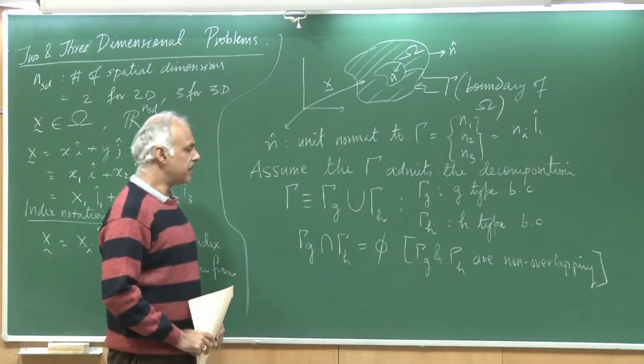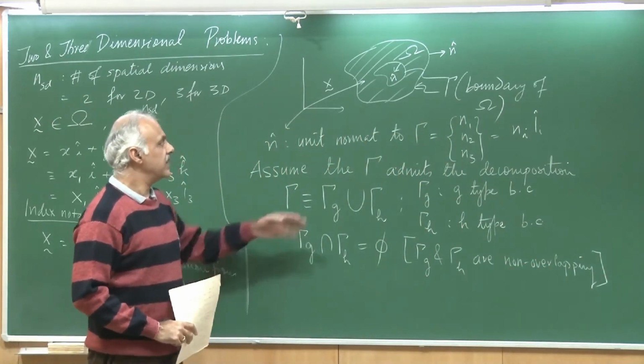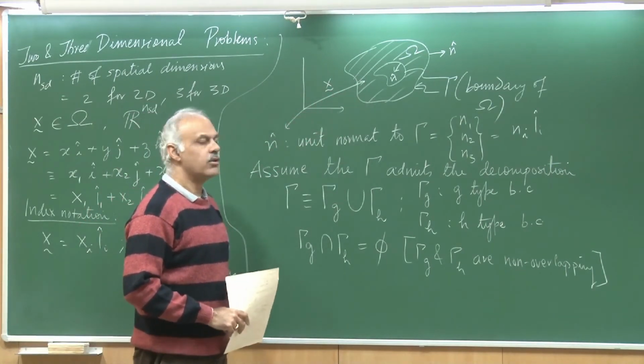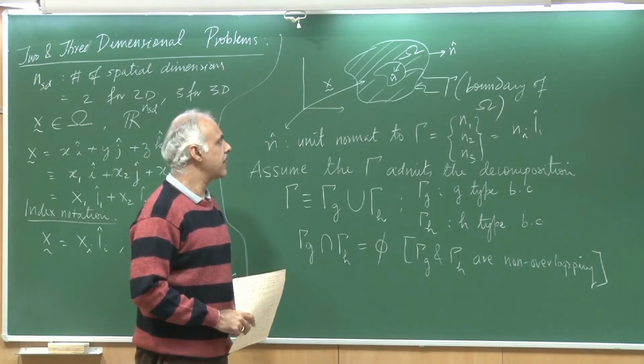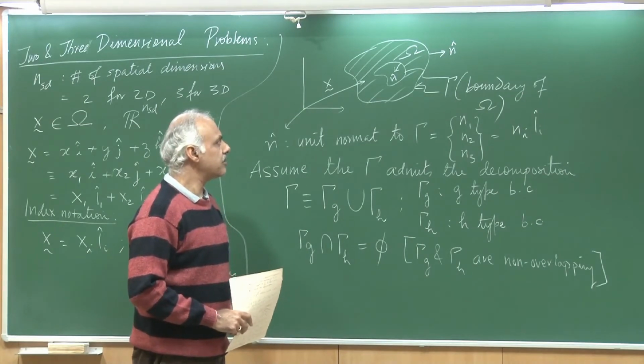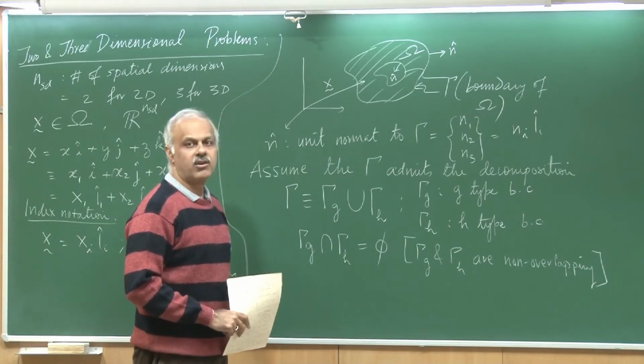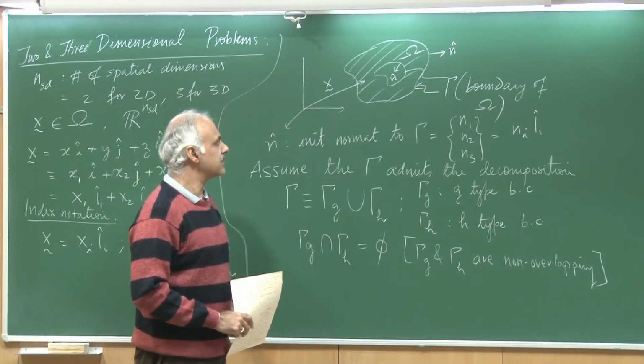So, let me elaborate on this a little bit more. There is a domain omega as shown here, and let us say I want to solve the heat equation on it. Then in terms of the boundary conditions, I could have a boundary condition on the temperature or on the gradient of temperature, which is the flux.